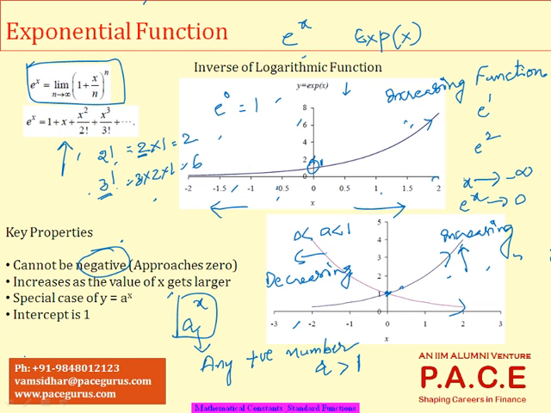And we also see that e to the power of x is a special case of a to the power of x, especially an increasing function, because the e value is 2.718, and if a is greater than 1, we have seen that the function is increasing. So these are some of the most common points you need to be comfortable with if you have to solve questions relating to the exponential function.